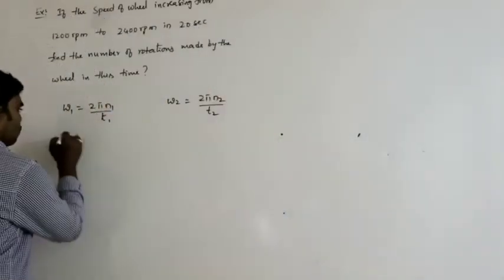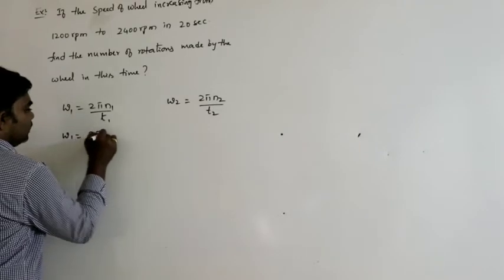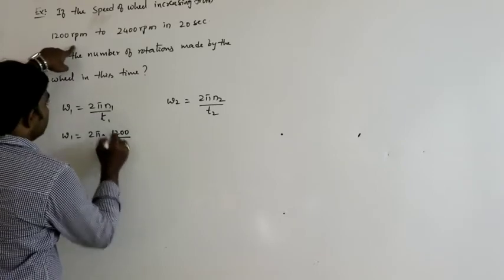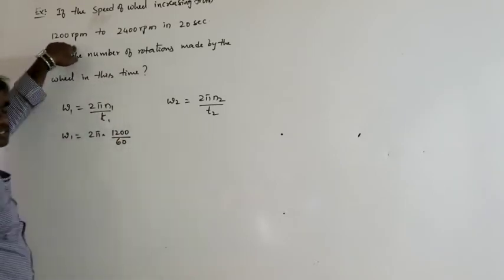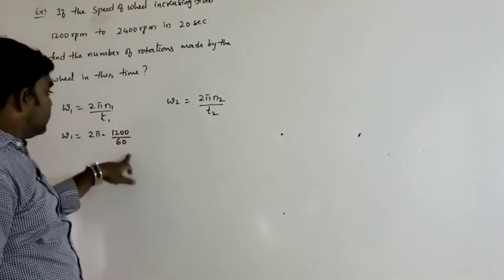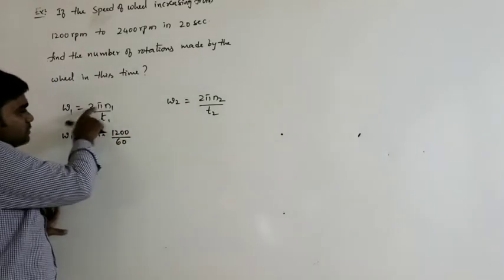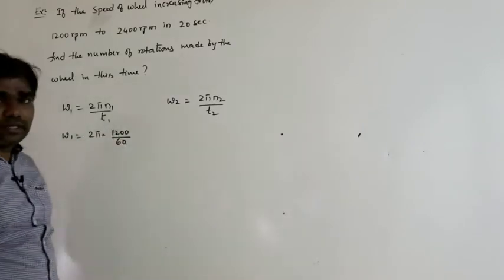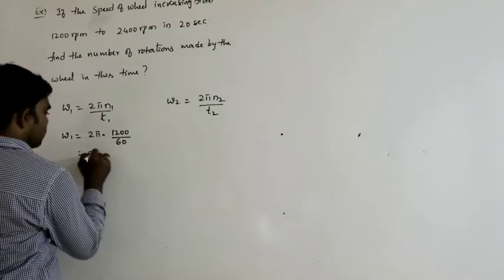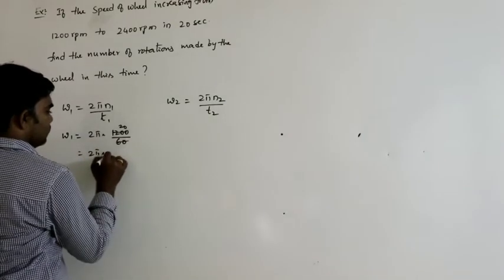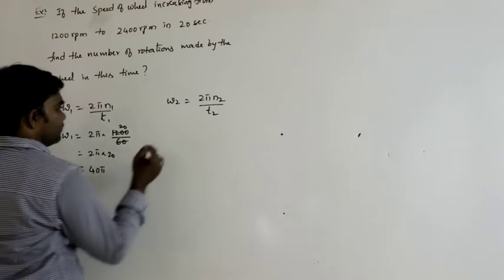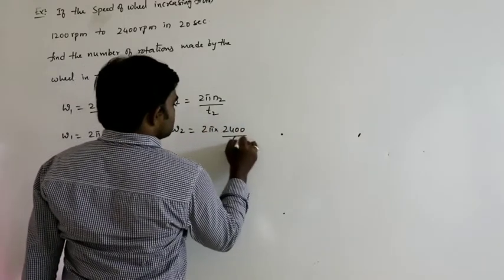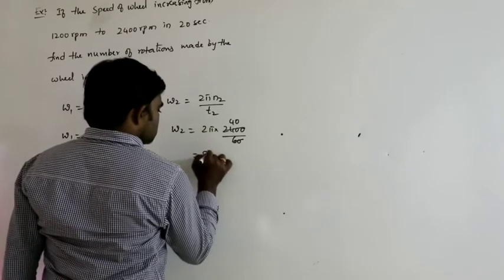So omega 1 is equal to 2 pi into n1, which is 1200 per minute, and per minute means 60 seconds. So omega 1 is 2 pi into 1200 by 60, which is 2 pi into 20, so that is 40 pi. In the same way, omega 2 can be written as 2 pi into 2400 divided by 60, which is 2 pi into 40, so this is 80 pi.